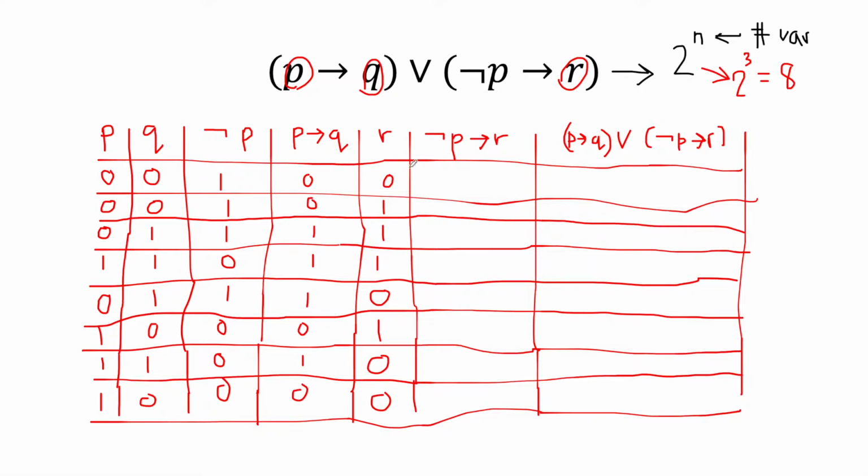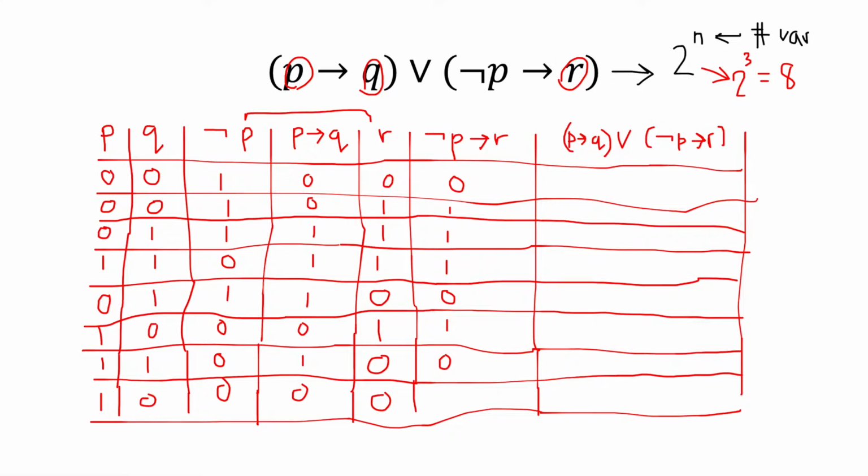Alright, and then negation P to R. So now look at here, negation P to R. If P and R here is 0, and then 1, and then 1, and then 1, and then 0, and then 1, and then 0.